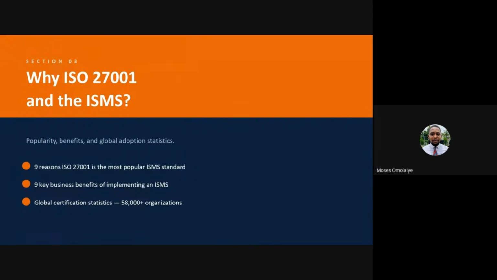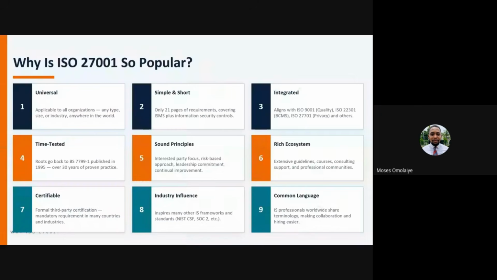So why would you want to choose the ISO 27001 for your information security management system? There are a couple of reasons. Now, it's universal.